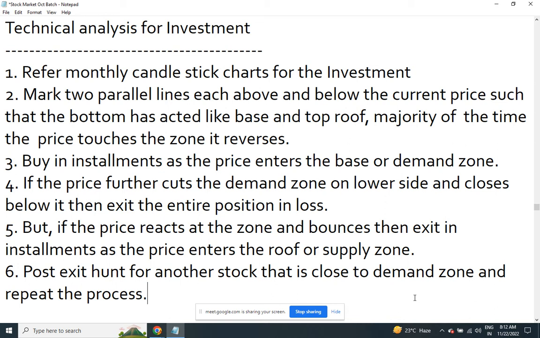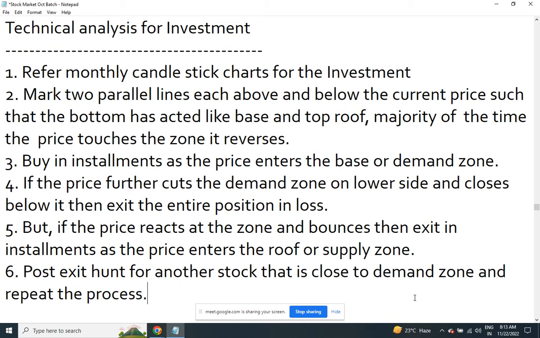But if it closes below that line, there is no other option for us but to forget and accept the loss. We'll recover the profit from some other stock. But in case the price touches the demand zone and then starts rising, then we wait all the way till the supply zone parallel line. As the price enters into the supply zone, we keep on exiting the stock partially.